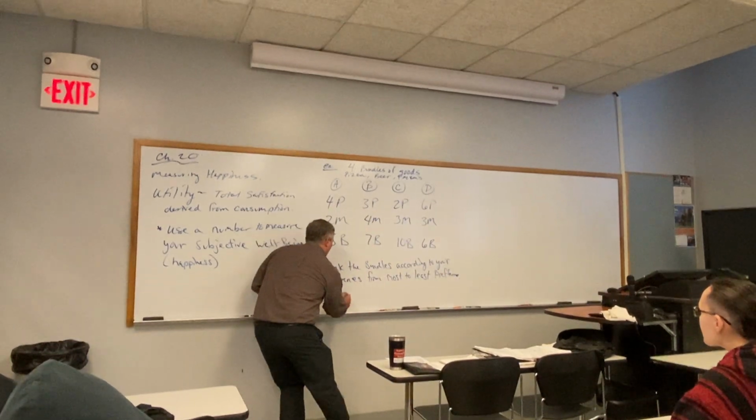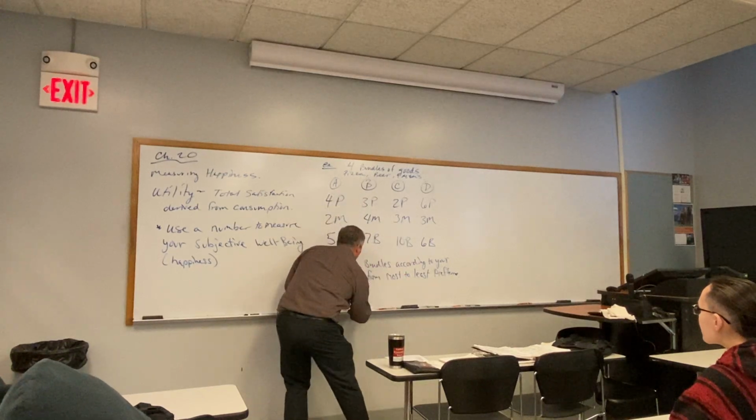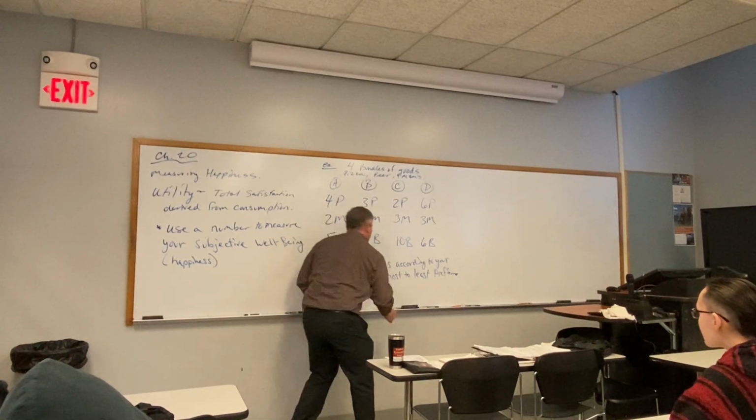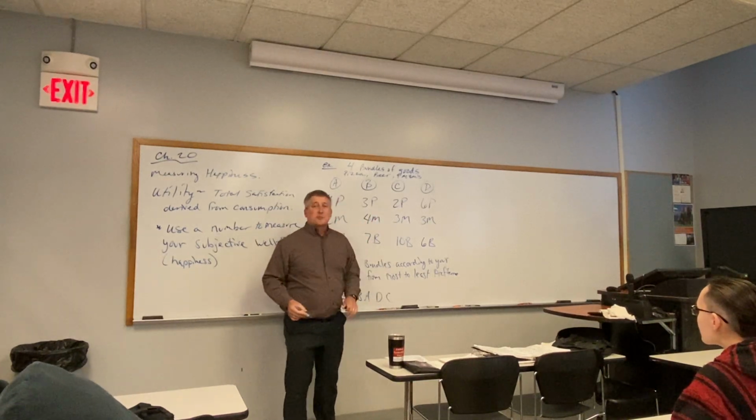And so, for example, you're just going to go, oh, I haven't even really looked at these numbers, but B, A, D, C or something, right? So you just put the first letter. This is your most preferred bundle. This is your least preferred.